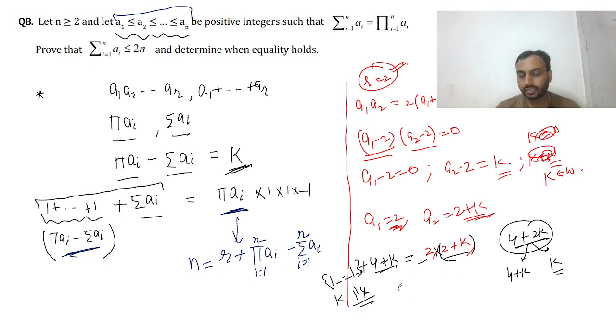If we have k ones, then what is n? n is k, the number of ones, plus 2, because we use two numbers greater than or equal to 2 and the remaining are the ones. So the number of ones is k and the other numbers are 2. So n is k plus 2.